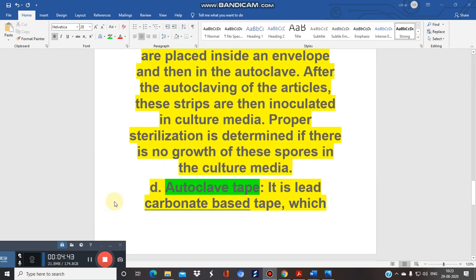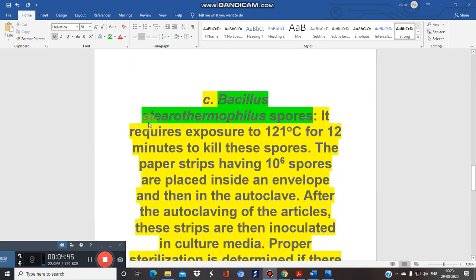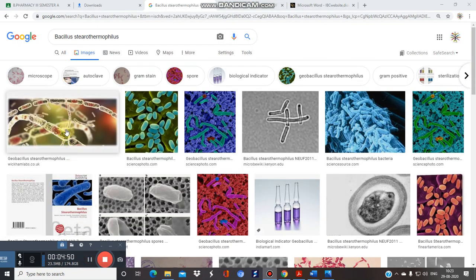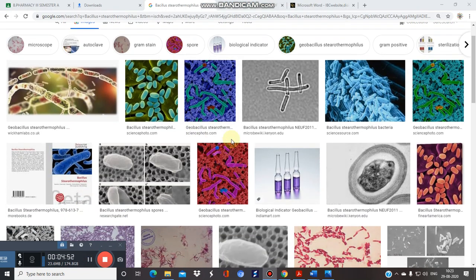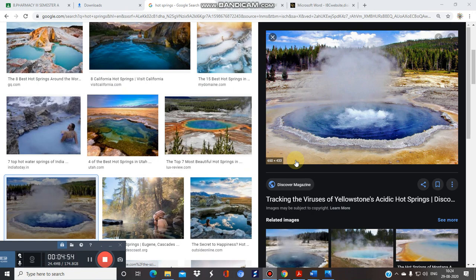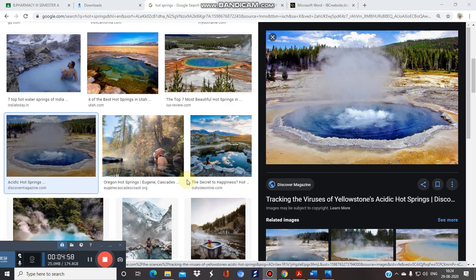So next one is the Bacillus stearothermophilus spore. So it is a bacteria. See this bacteria, Bacillus stearothermophilus. Yes, you are wondering why I am showing you the picture of this hot spring.